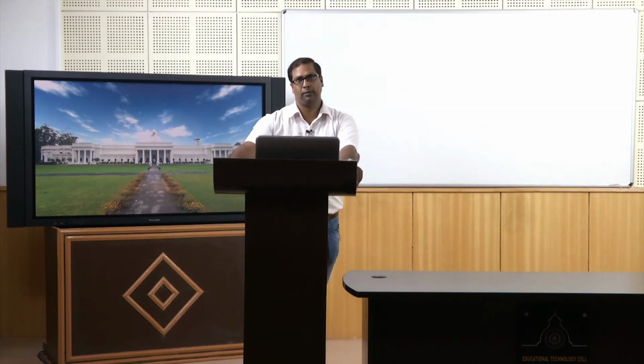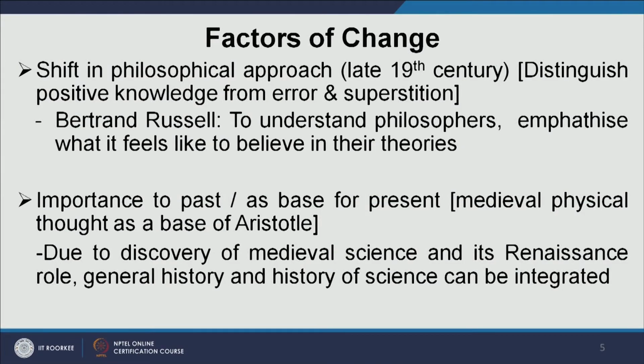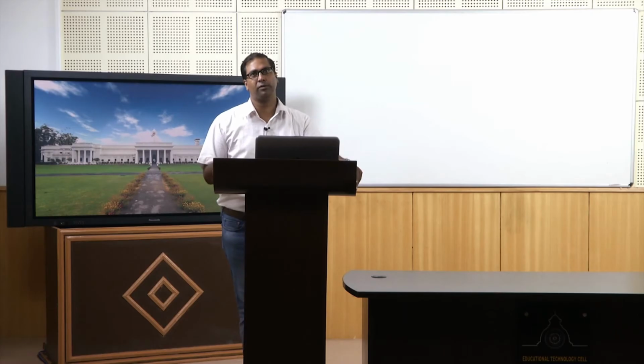One of the ways in which history of science was written was by looking at how the scientists themselves drew material from the past. For instance, there was an importance attached to the past for tracing the evolution of the scientific process.